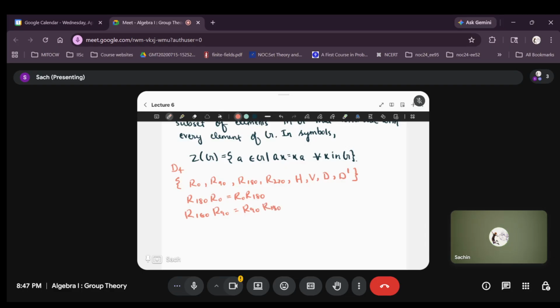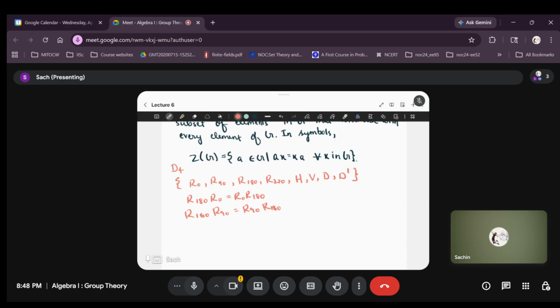It is easy for rotations because if you rotate by 0 and then rotate by 180 degrees, that's the same as rotating a plane figure by 180 and then rotating by 0. So totally you will be rotating by the sum of the two numbers anyway. So rotation by 90 and then rotation by 180 is simply rotation by 270, which you can also get by first rotating by 180 and then by 90.